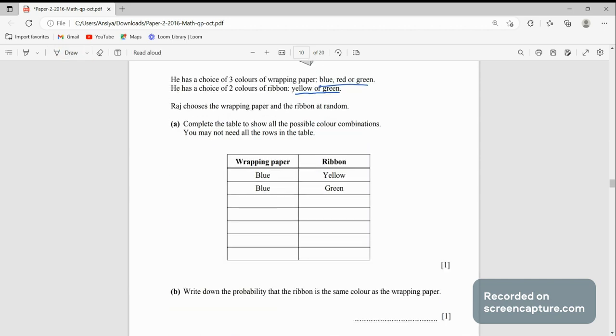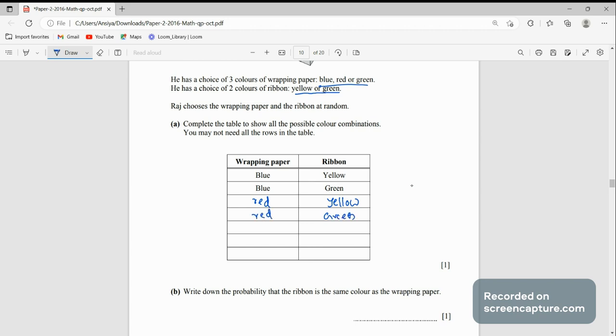Okay, fine. So, what all maximum combinations can he take? For example, his wrapping paper is blue. He can use blue with a yellow ribbon, blue with a green ribbon. What's the other possible option? If he is choosing a red wrapping paper, he can use red with a yellow ribbon and red with a green ribbon.